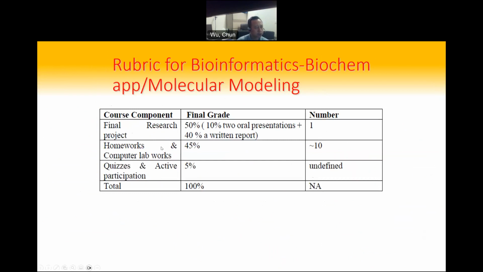Then students use the Schrodinger exercises to learn the basic molecular modeling and simulation techniques. And then they use those techniques to do their project.